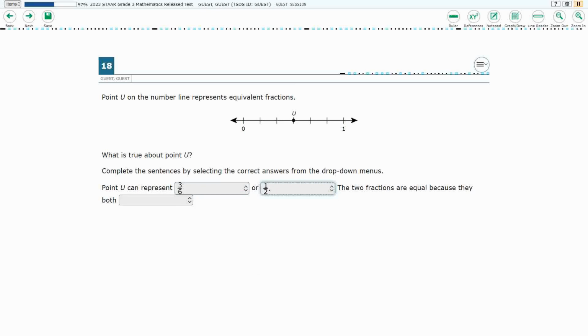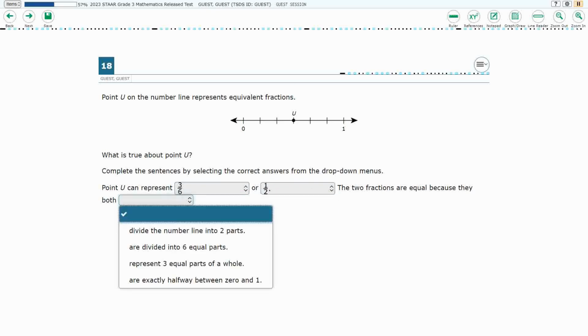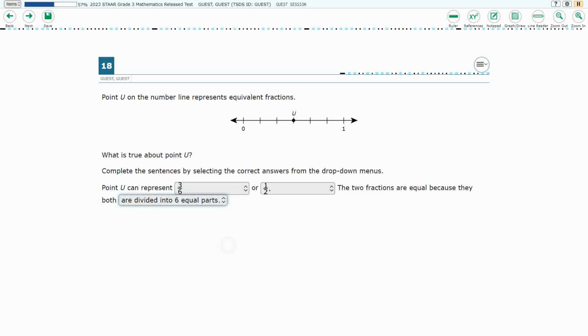Now, why? The two fractions are equal because they both divide the number line into two parts. Well, the 3/6 doesn't. The 3/6 actually divides it into six equal parts and takes the third one. So it's not going to be that first part. Are divided into six equal parts? No. See, this first option here works for 1/2. The second one only works for 3/6.